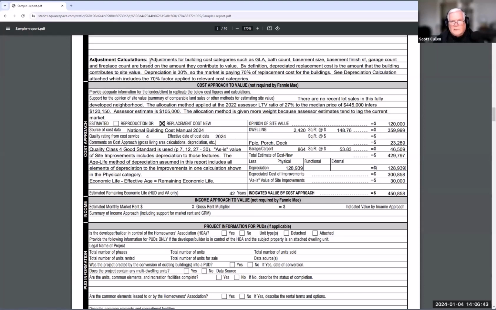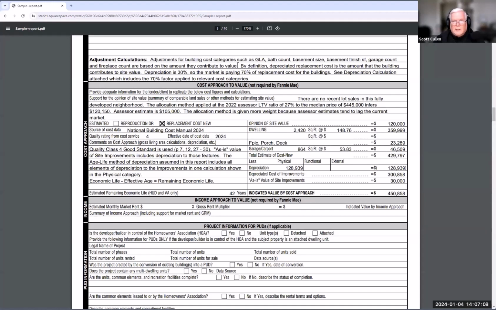Adjustment calculations for building cost categories such as GLA, bath count, and if you can picture the grid for a minute, from the bath count down to the bottom of the grid, that's all the building categories. So we've got GLA, bath count, basement size and finish, garage count, fireplace, and so on. All of those are adjusted based on the amount they contribute to value.